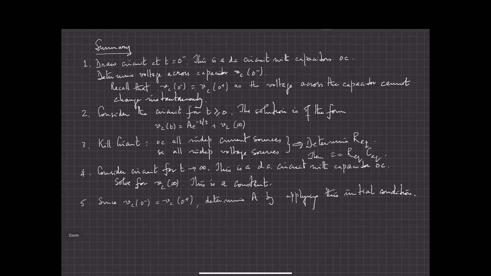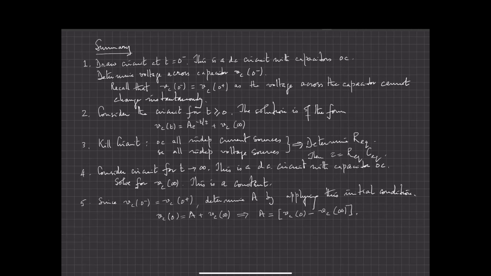That is, Vc at 0 equals A plus Vc at infinity, and this will give you that A equals Vc at 0 minus Vc at infinity.